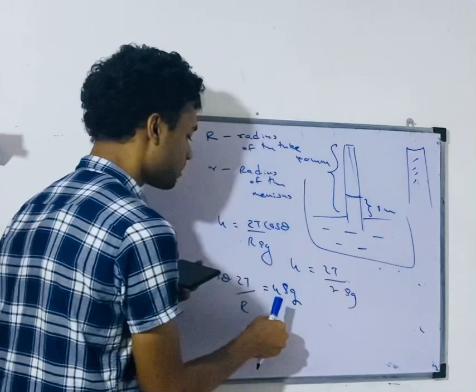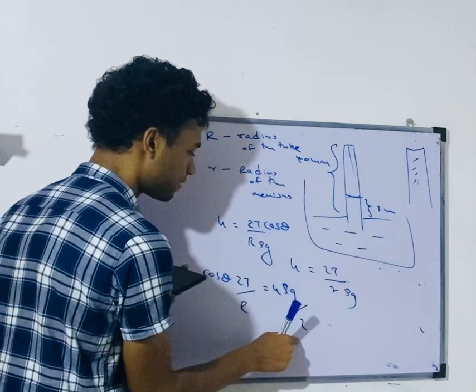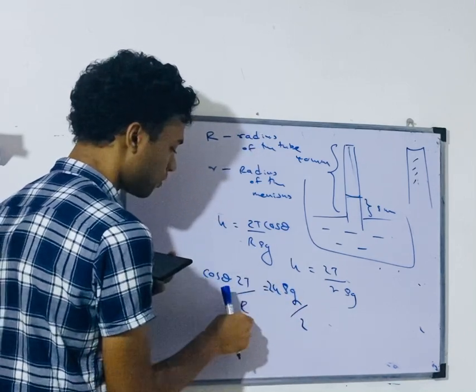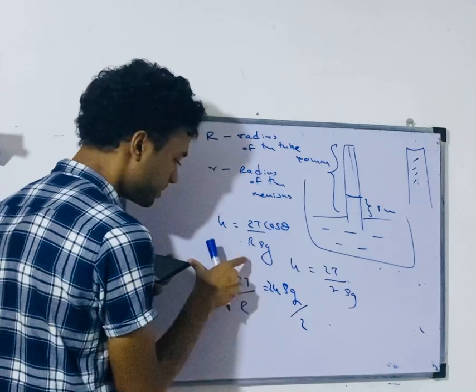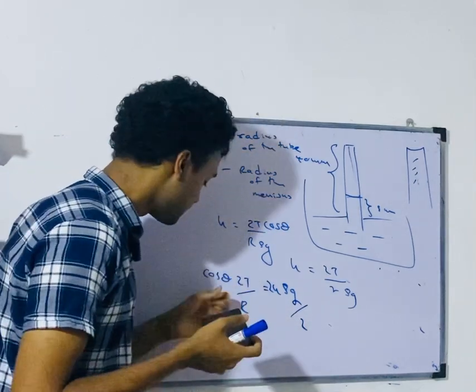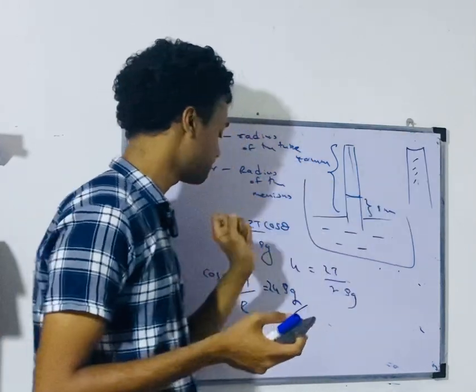It's like gravity is becoming half. If this becomes half, the height should be twice, because the cos theta times 2T over r term doesn't change.